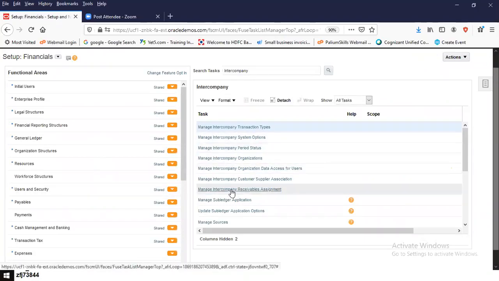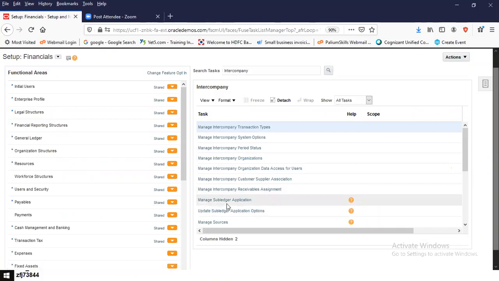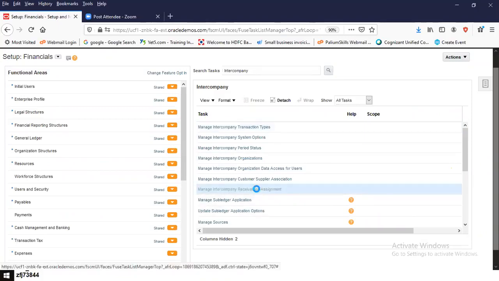These are the receivables related assignments.